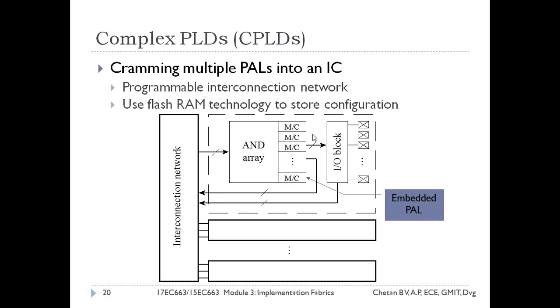It is connected to the output pin through this IO block. This IO block is programmable. We can configure it to provide a registered output, non-registered output, or combinational output, and we can also make these output pins support different voltage levels like TTL and CMOS.